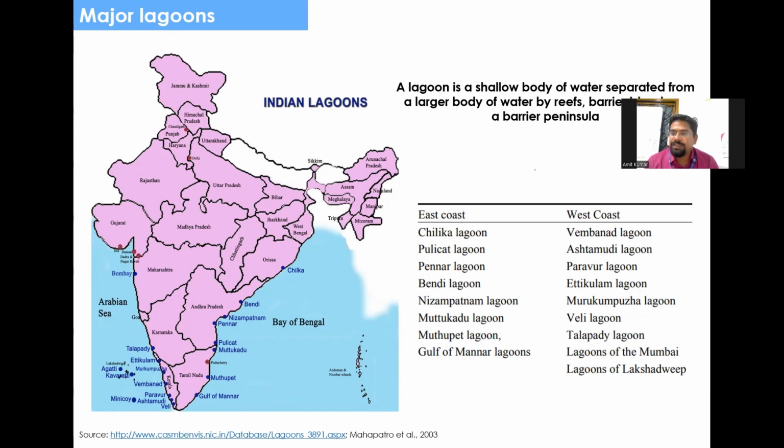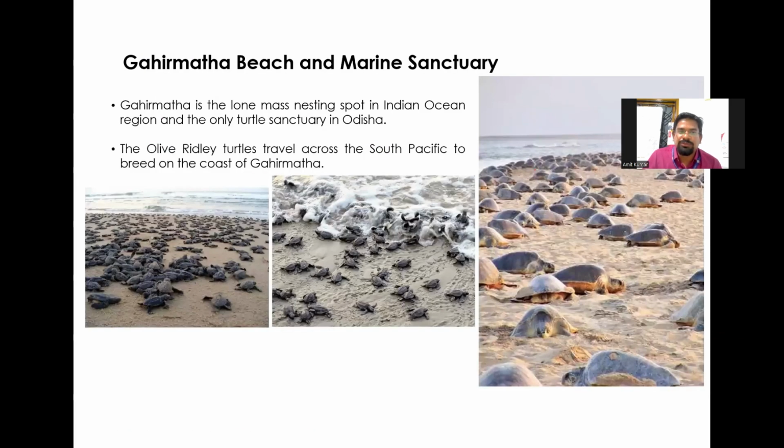For example, we have Chilika Lake in Odisha, which is the largest brackish saltwater lake in the country. Followed by Pulicat, again on the east coast of India, and then on the west coast, especially in Kerala, a number of backwaters are there, which are supporting a very good amount of biodiversity in those lagoons.